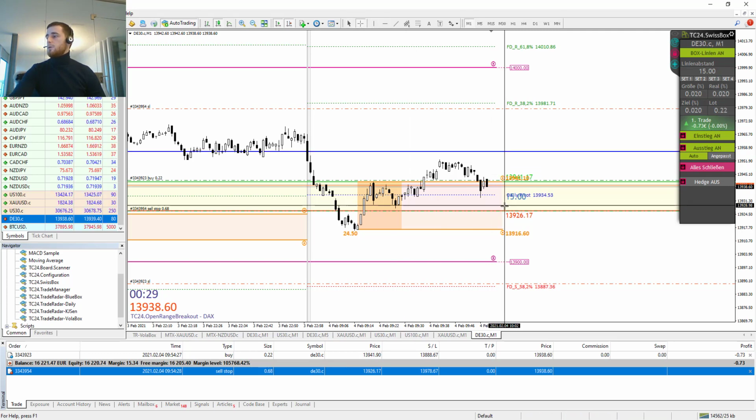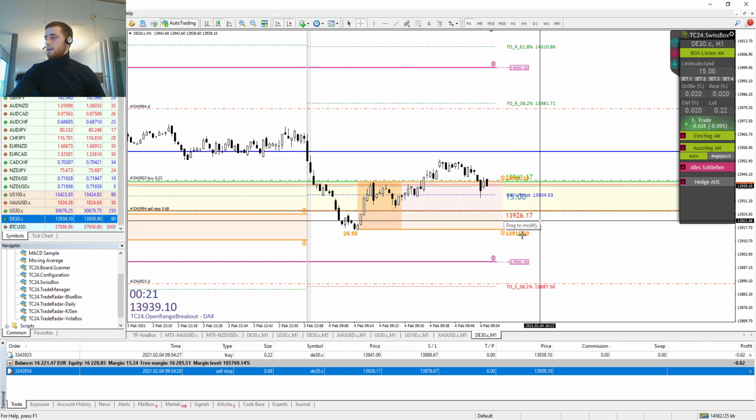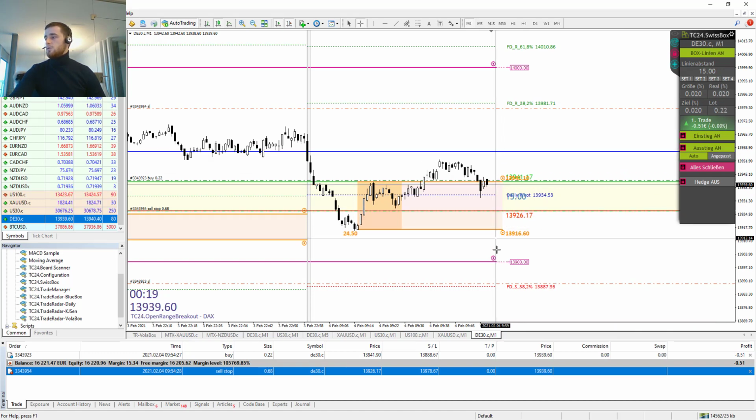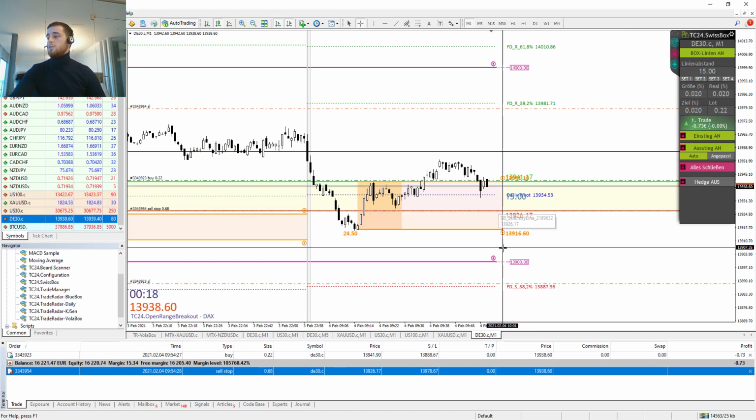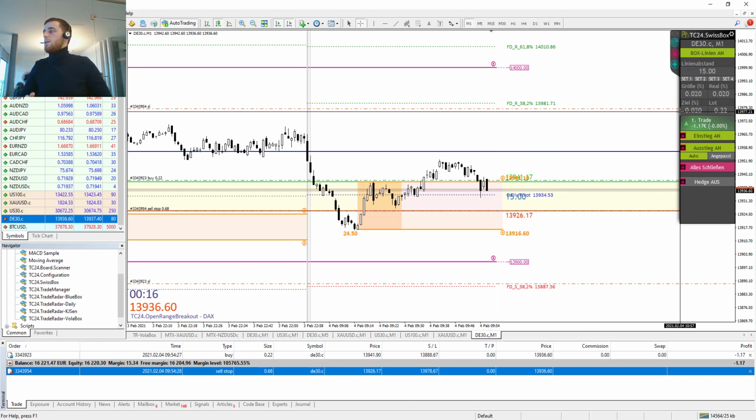And if it comes down to the bottom, that means that my take profit will jump from the top to the bottom of the screen, 15 points away from my box. So the SwissBox calculates everything needed for us, like lot sizes, to hit that target profit within the required 15-point distance, no matter how many trades we have triggered.